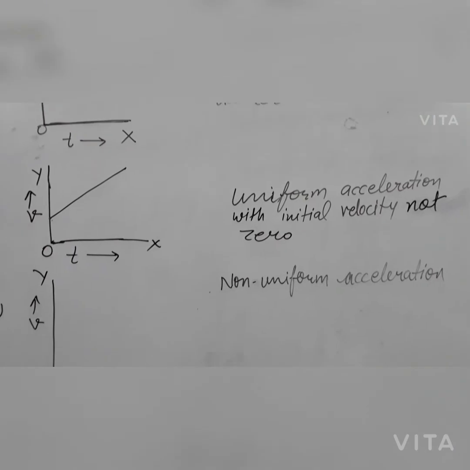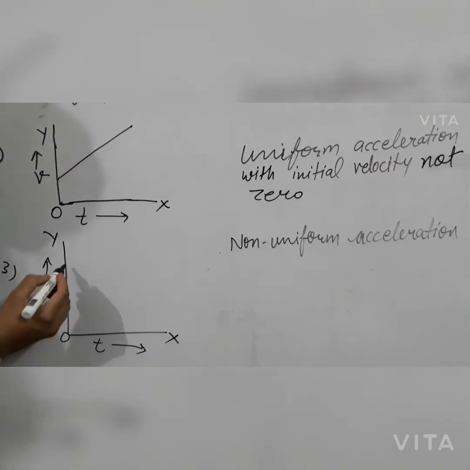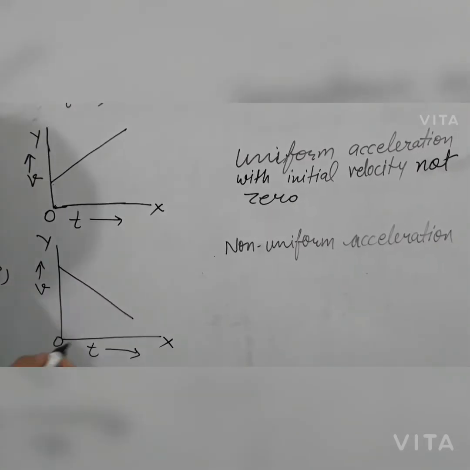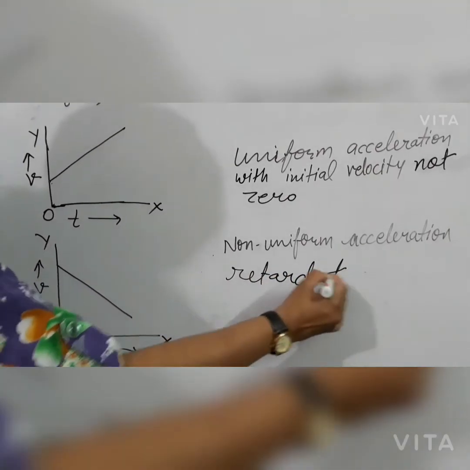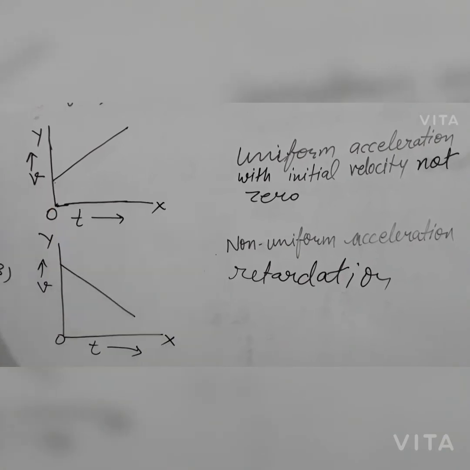In the third condition, suppose we make a graph between velocity and time and get a graph like that. It is telling about retardation, which means the velocity is decreasing with time.